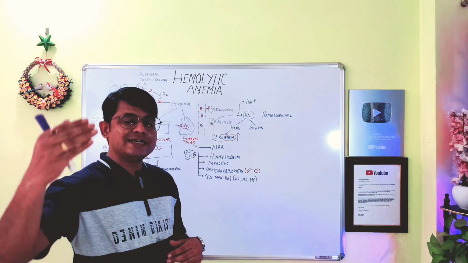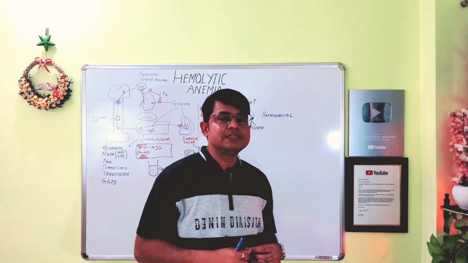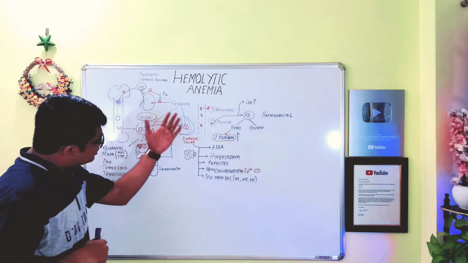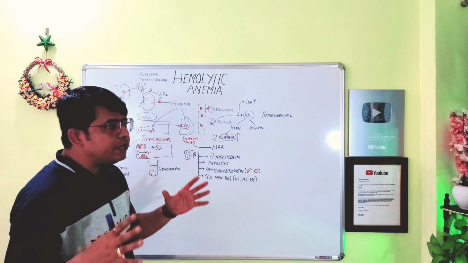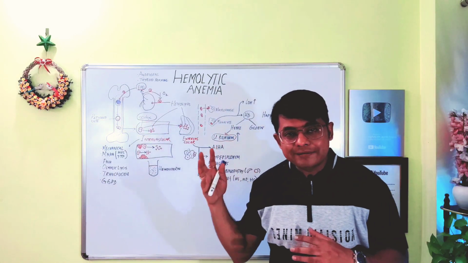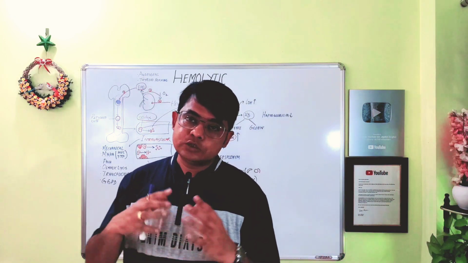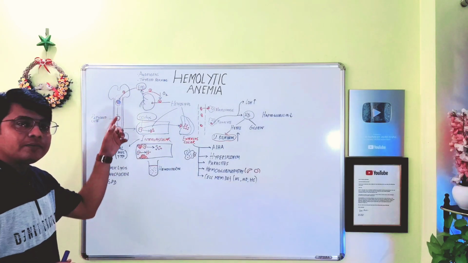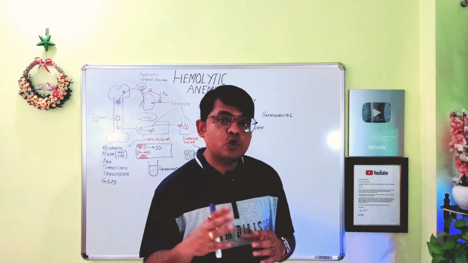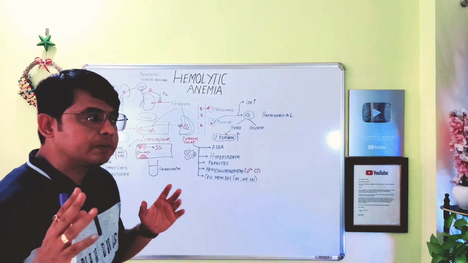So anemia means there is a decrease in the number of RBCs and a decrease in the amount of hemoglobin. But in case of hemolysis, the body also tries to compensate for this situation by recruiting more and more stem cells to produce RBCs. So there will be more erythroid precursor cells within the bone marrow, and that is known as erythroid hyperplasia. So what is erythroid hyperplasia?